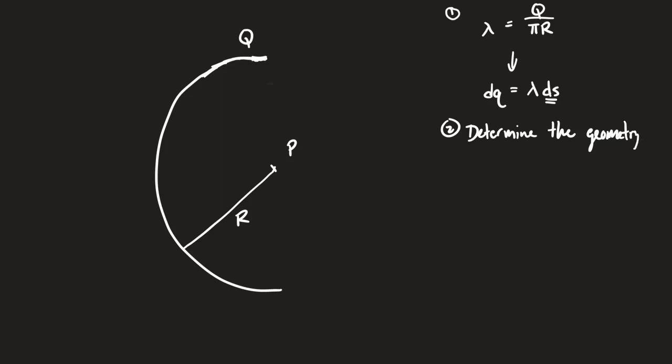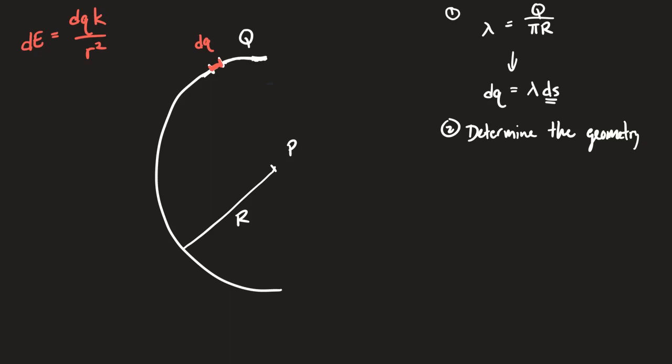So let's find a piece of charge. I'm going to say my piece of charge is right here, this little section of the arc. And that little section has an amount of charge dq. First, I'm going to remind you that the electric field is defined as dq k over r squared.